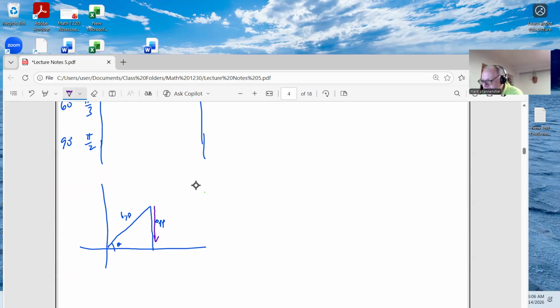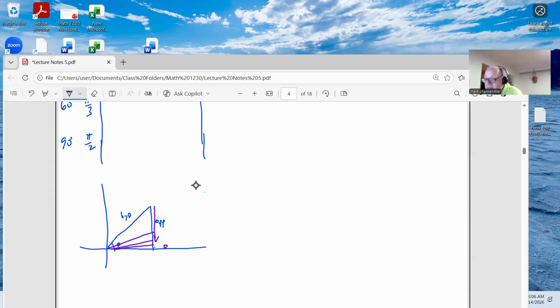I want to make this angle 0 degrees, which is going to make this triangle smaller and smaller. My opposite side is shrinking down, squishing it all the way so that this opposite side is actually 0.